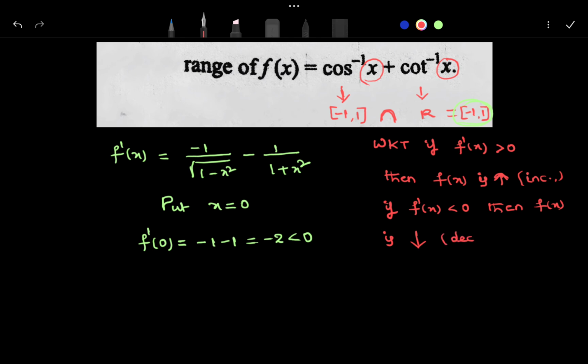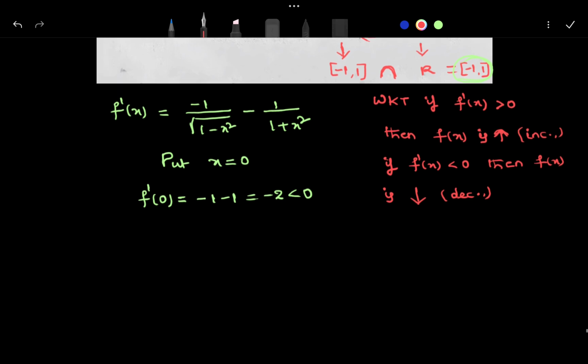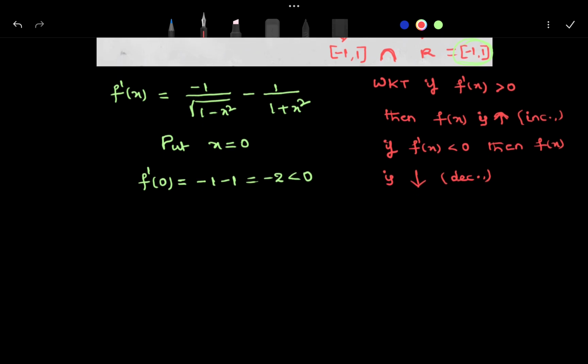So once we know whether the function is increasing or decreasing, how do we find the range in a certain interval? See, here I will tell you a formula clearly.